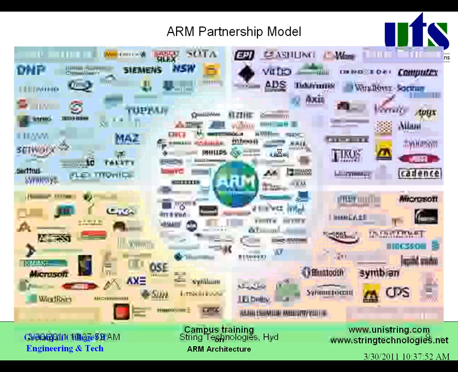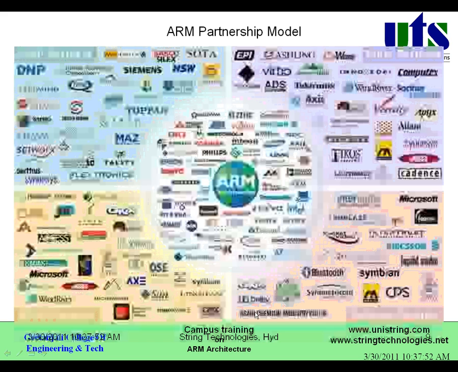As I said, ARM does not make any ICs. It only designs the architectures. Those architectures will be sold to different companies. These are some of the companies which have ARM architectures. You can see the topmost companies there, like Microsoft, and Symbian OS, which is normally present in Nokia cell phones.